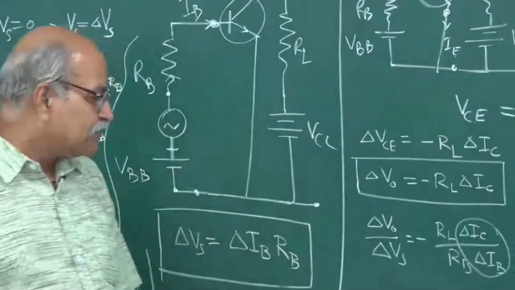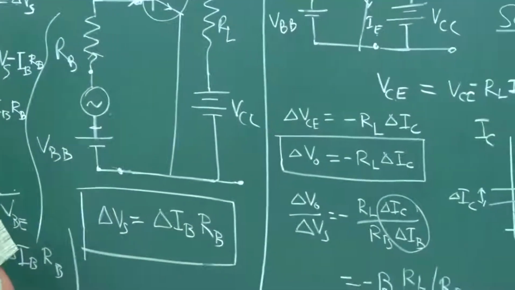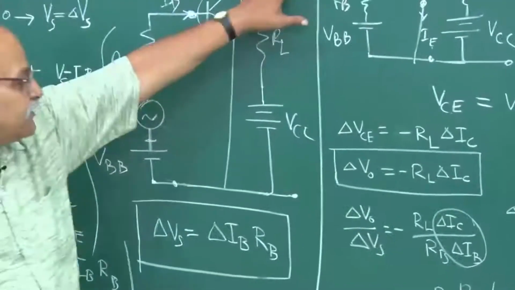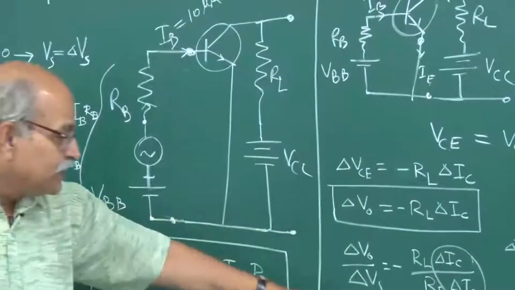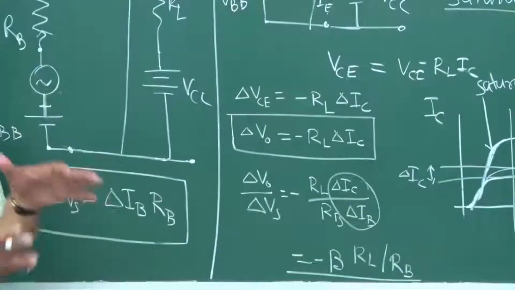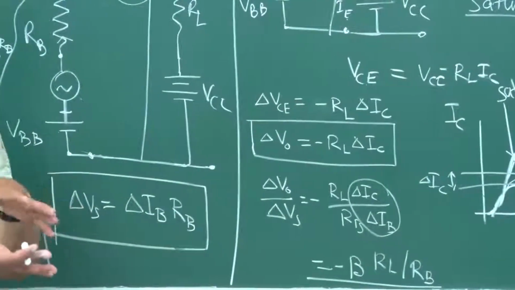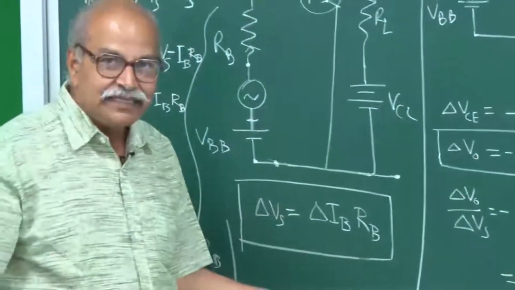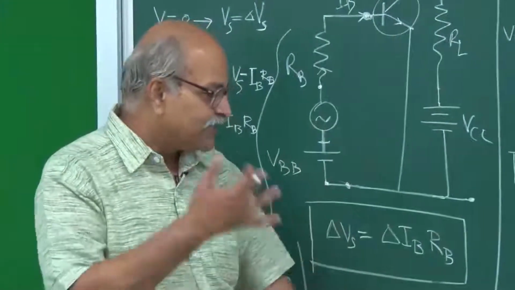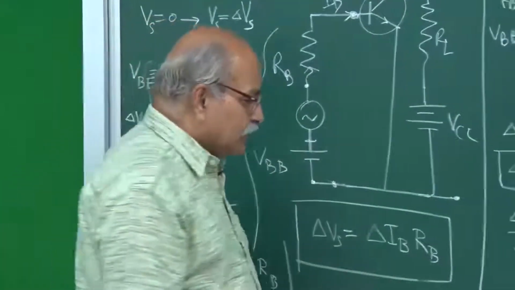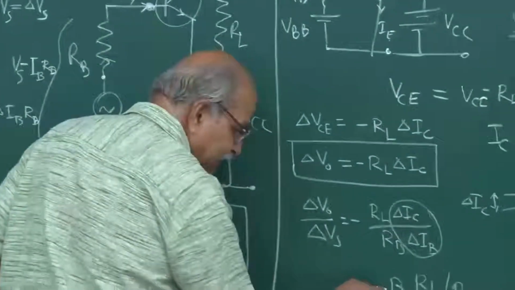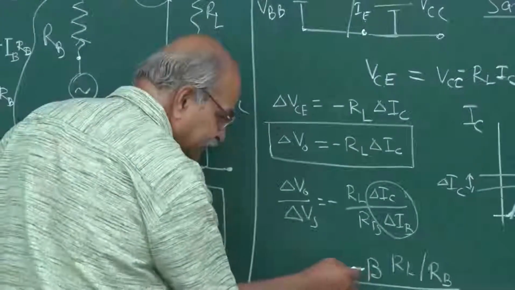So that is how the amplification has taken place. This signal has been amplified here, right. We are only interested in the changes. Remember, you can always put capacitors to filter out any DC there, and only the time varying part is taken.